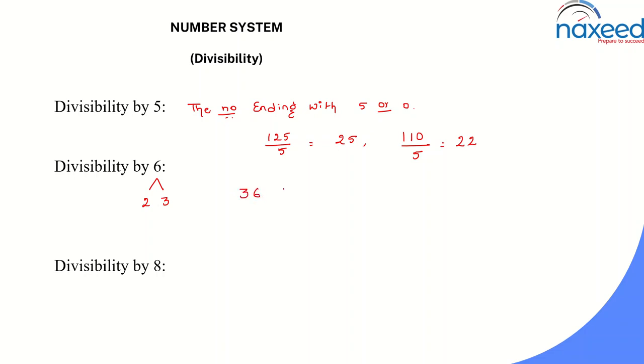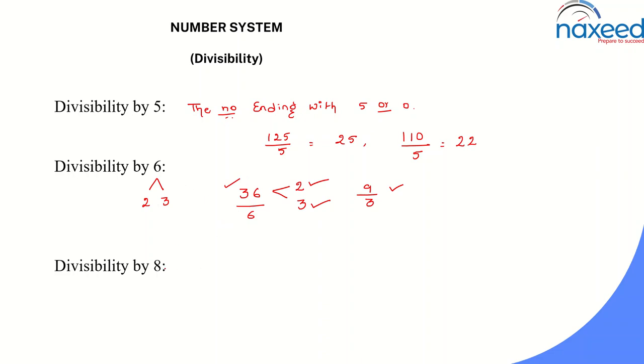Yes, this is an even number, so it is divisible by 2. And for 3, check: 3 plus 6, 9. 9 is divisible by 3. Yes. So this 36 is divisible by 6 also. In this way, we can cross verify whether the number is divisible by 6 or not.